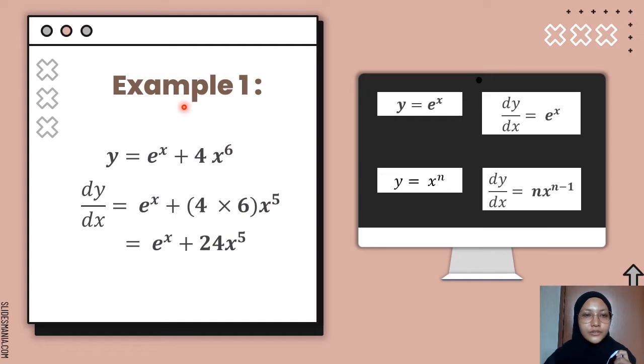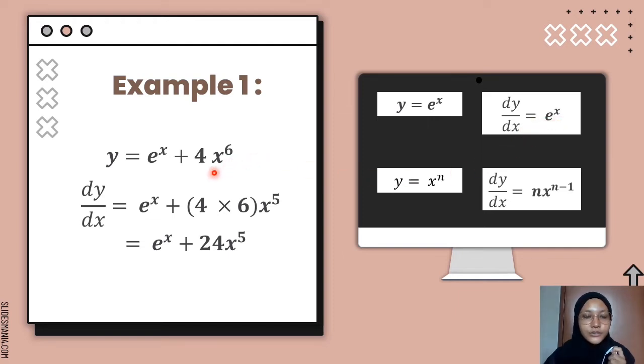Okay, next we move to example 1. The equation is y equals e to the power of x plus 4x to the power of 6. We need to differentiate each part of the sum one by one. So we start with this part first. We use this formula: y equals e to the power of x, the derivative is equal to e to the power of x.